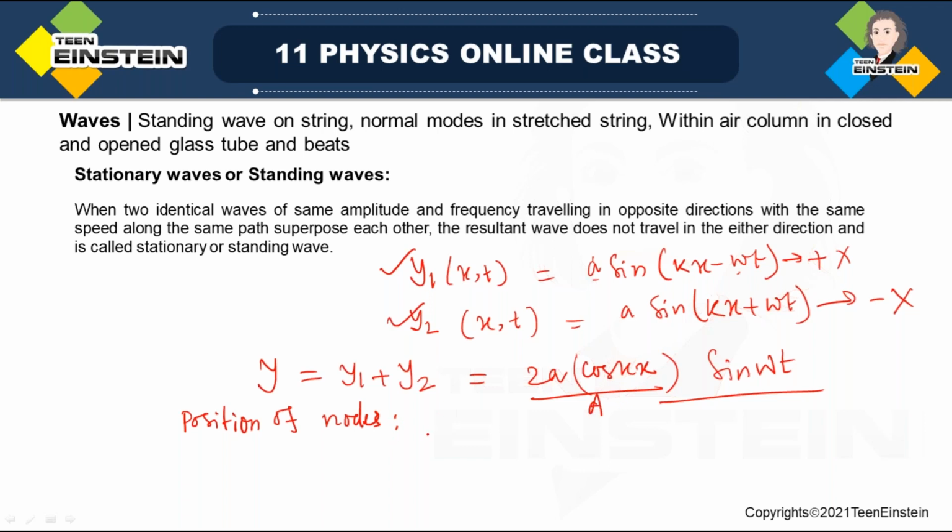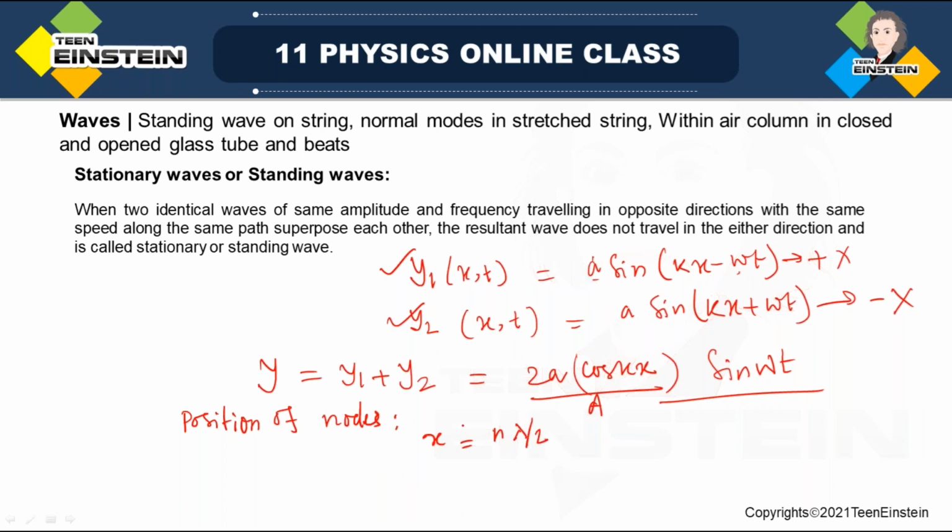It will be zero when kx is nπ. We can write k as 2π/λ, so π goes up, and we get the condition for nodes: x equals nλ/2. So this is the condition for nodes.